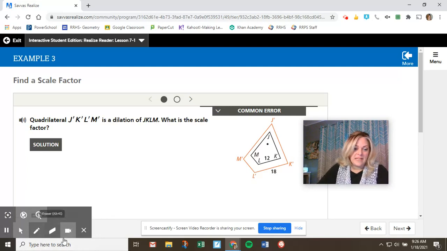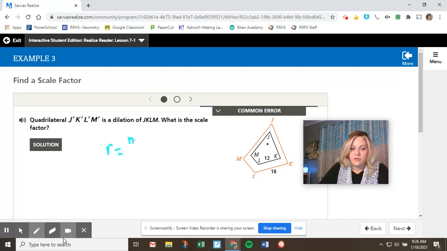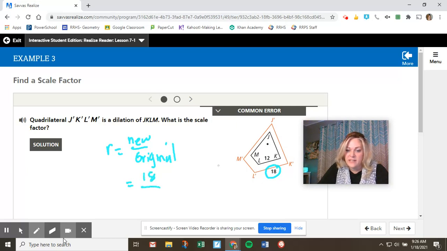Okay, example 3 says, find the scale factor. So scale factor, and I'm going to do new to old or original, whatever you prefer. So my new shape, look for those prime, those tick marks. Here's my new shape, 18. So I have scale factor equals 18. Take the corresponding part. And honestly, these are the only parts we've got. So good thing we have one set of corresponding parts. And I reduce this.